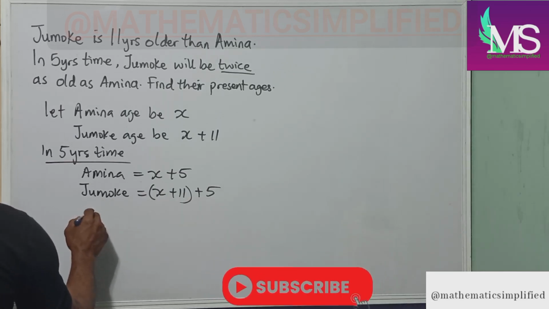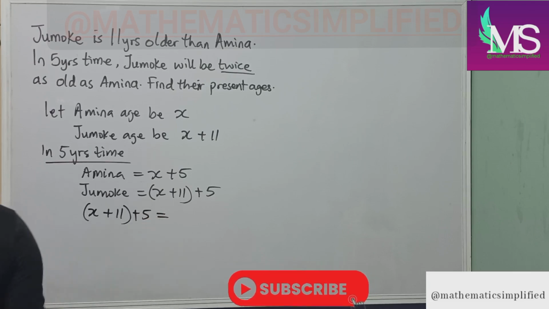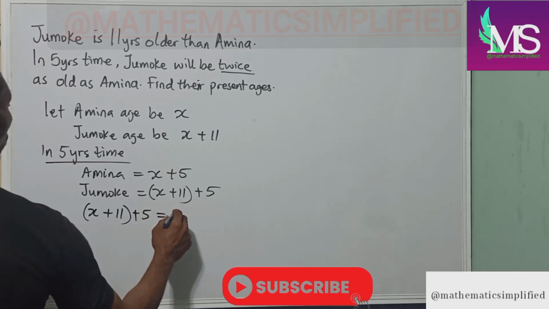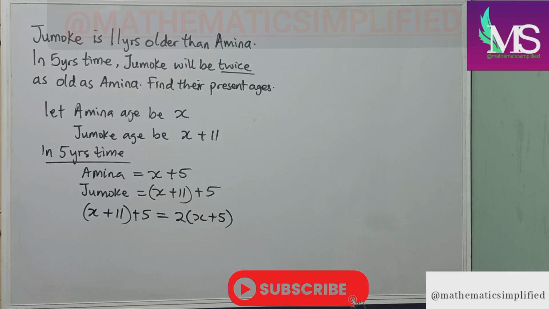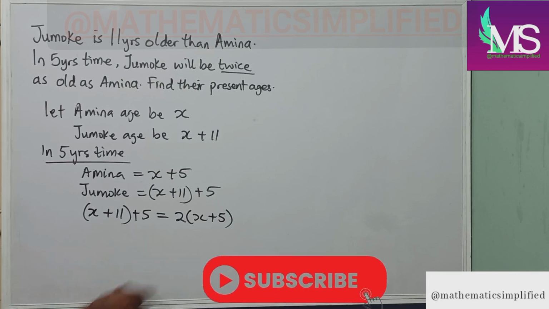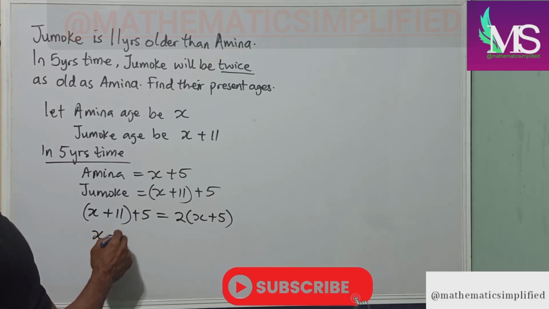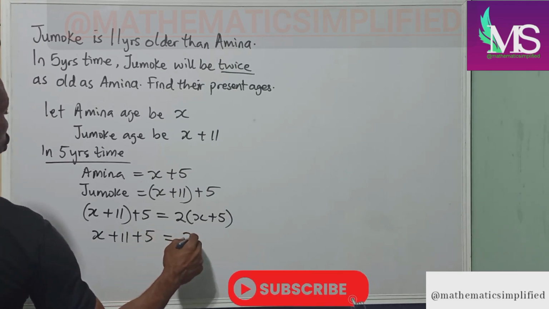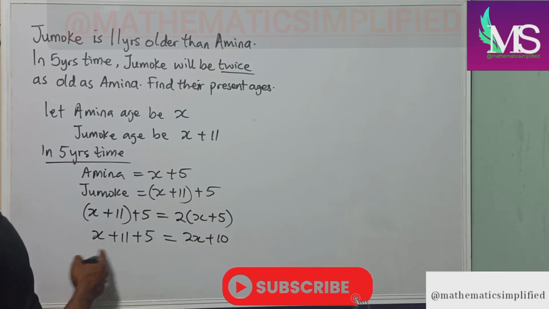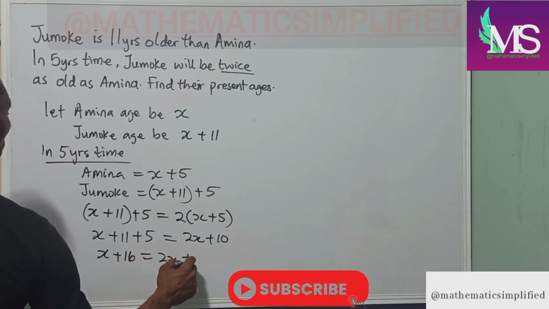So this becomes x plus 11 plus 5 equals 2 bracket x plus 5, since Jumoke will be 2 times Amina's age. So opening up this bracket, we have x plus 11 plus 5 equals 2x plus 10. This will give us x plus 16 equals 2x plus 10.